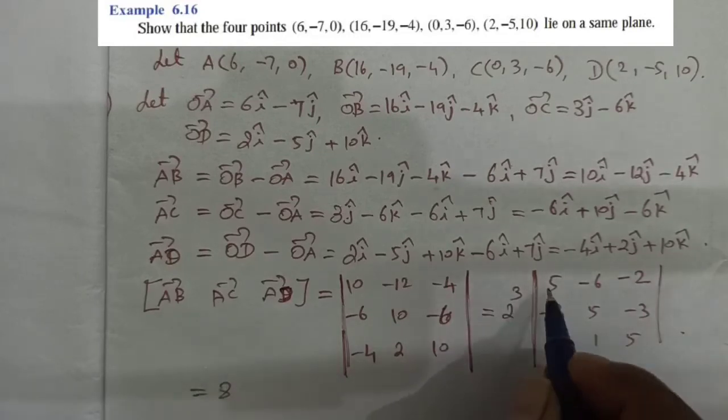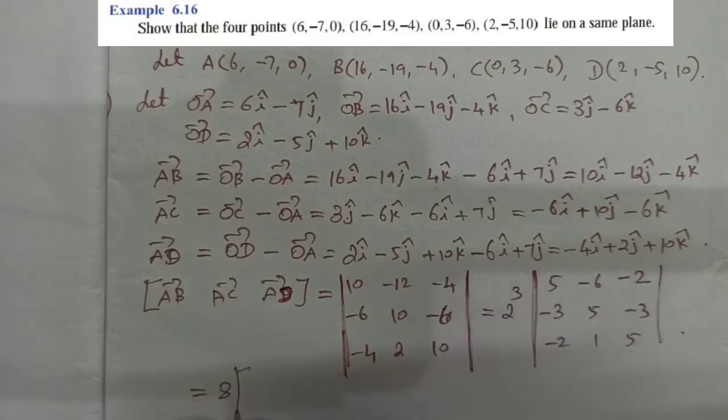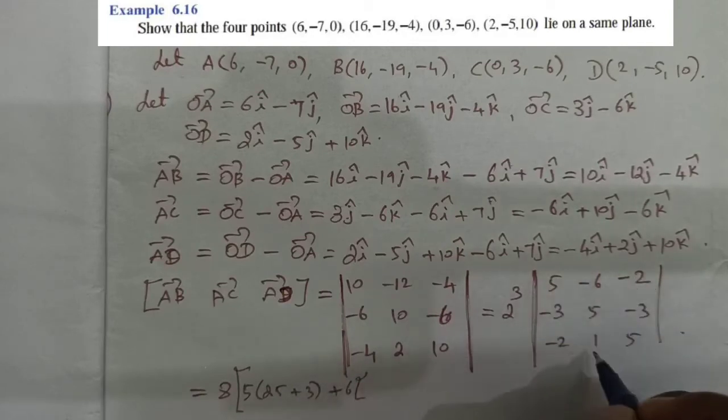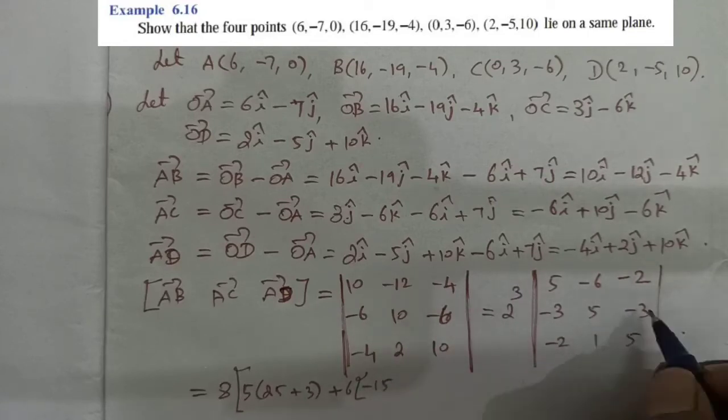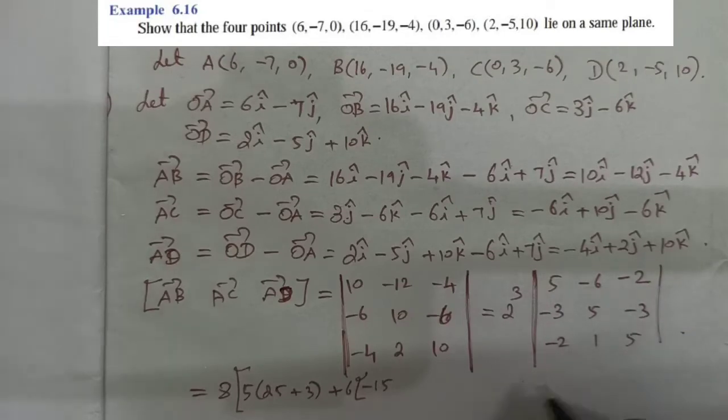We know that. I am going to expand this determinant. 5 into 5, 5 fives are 25. Here minus into minus is plus 3. So next, minus into minus plus, 6 into minus 3 into 5, minus 15. Here minus into minus plus, but another minus also we have, so minus 3 to 6 is 6.